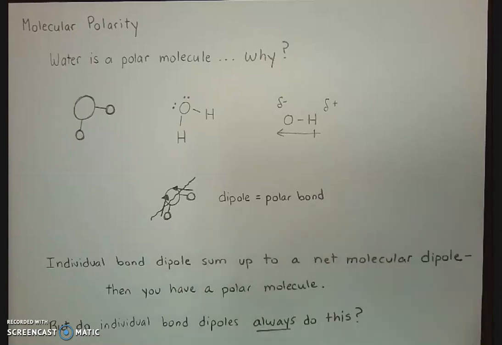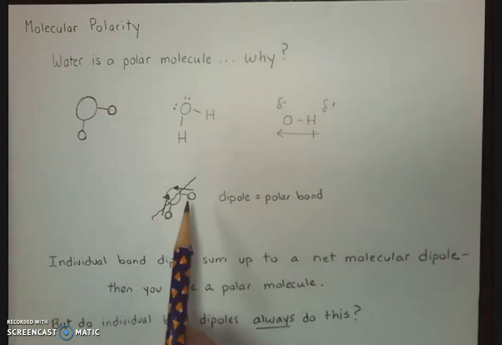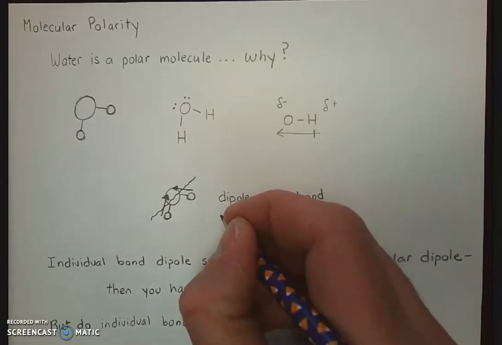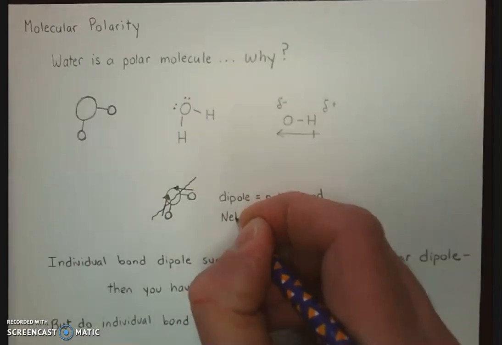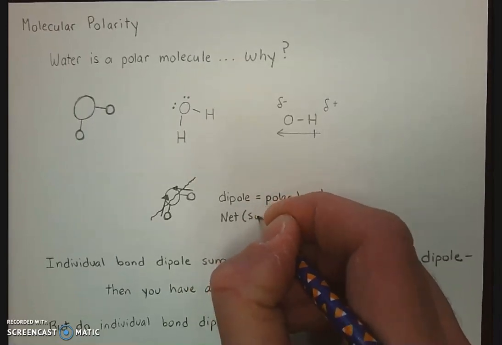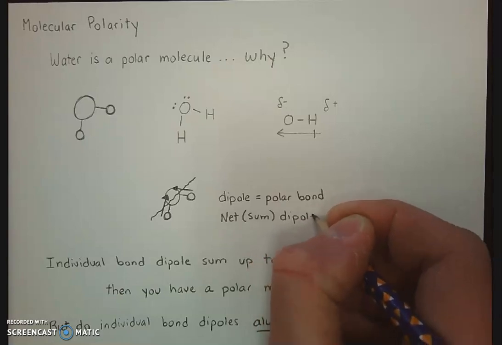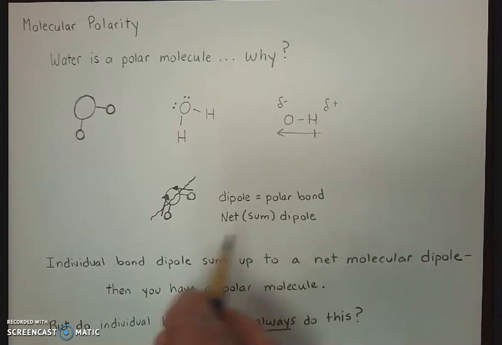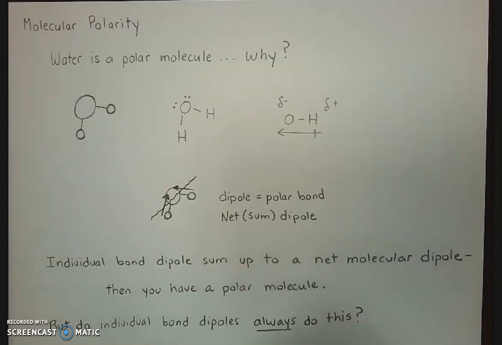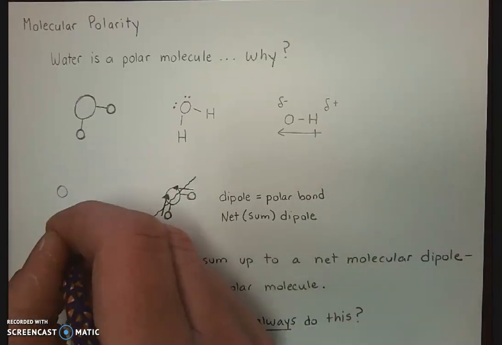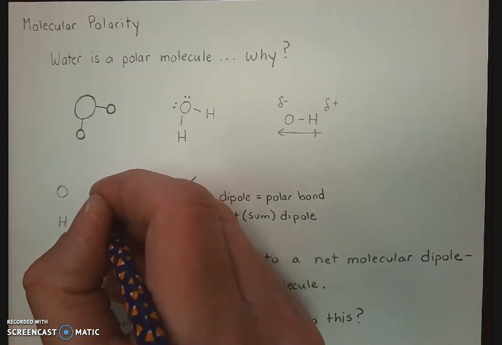What happens in water is that these 2 dipoles pull up at an angle, and they result in what's called a net or sum dipole. The net or sum dipole would look like this. I'm actually going to draw it over here to make the picture a little clearer. So you have the oxygen, the hydrogen of water, and the other hydrogen over here.